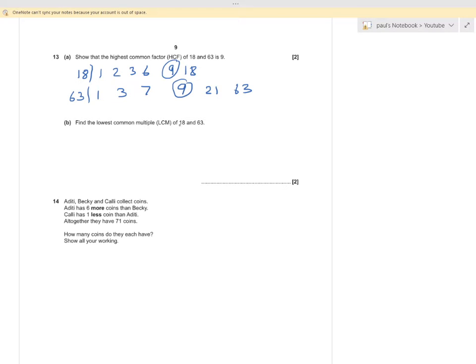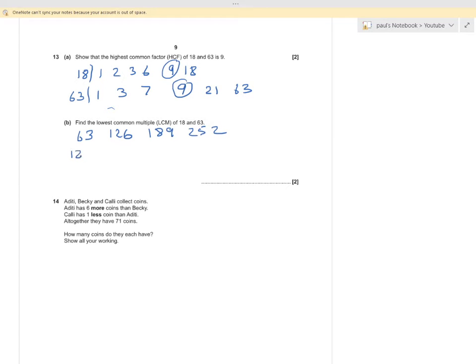Find the lowest common multiple of 18 and 63. I'm going to do a few 63s. 63 plus 63 is 126, plus 63 is 189, and plus 63 is 252.